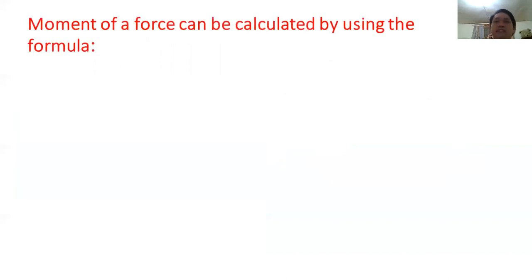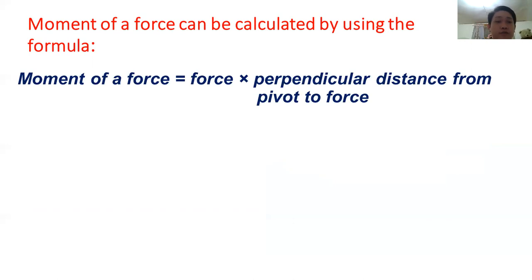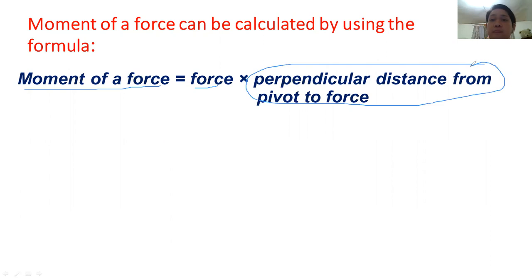Now, let's go to this one. The moment of a force can be calculated using a formula. I know you're familiar with the formula for calculating the moment of a force. The moment of a force is equal to the force multiplied by the perpendicular distance from the pivot to the force.